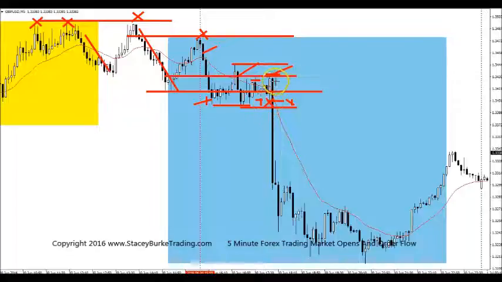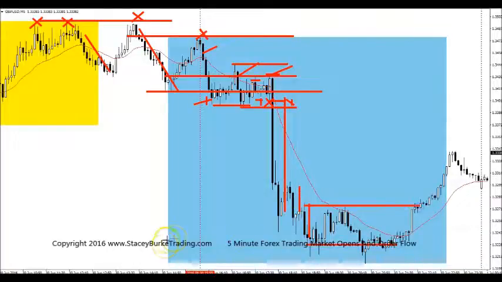Now that was obviously possibly an announcement, but they were able to capitalize on that movement south, and then we see one, two, three drives to new lows before the market started to demonstrate sideways price action.